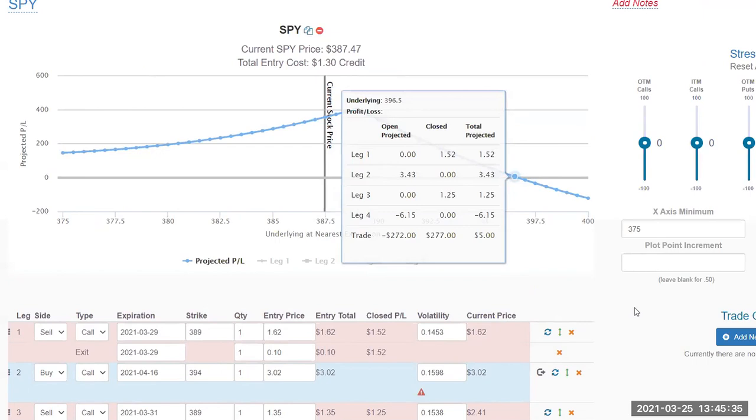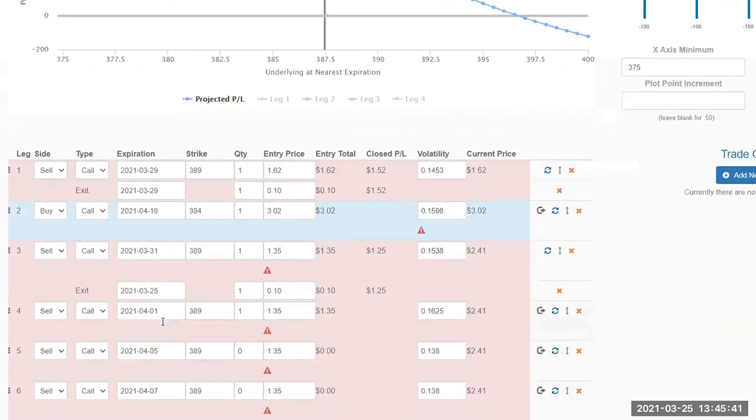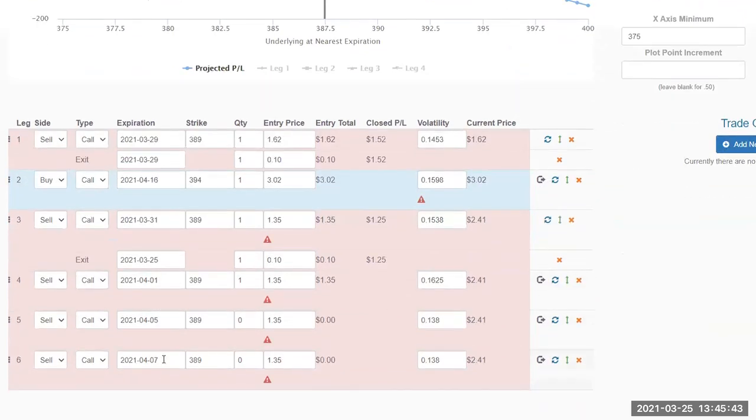And look how many times you can do this against this one long, right? I can do it on 4-1. I can do it on 4-5. I can do it on 4-7. I can do it on 4-9. How many times can I do this? Let's see here. On the calendar, there is 4-9, 4-12, and 4-14 if I wanted to.